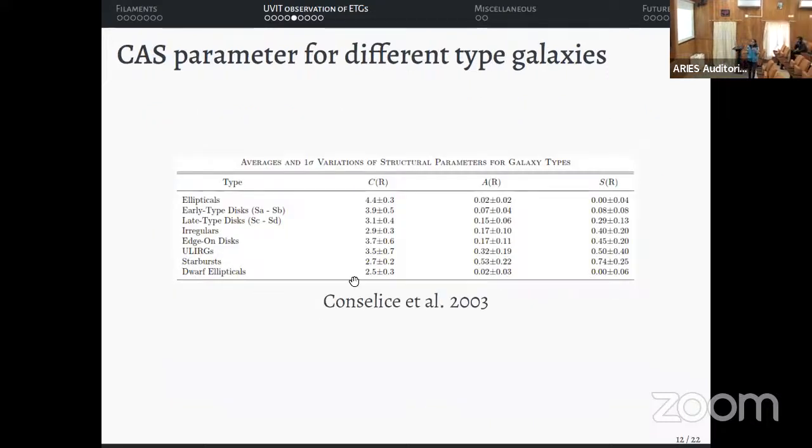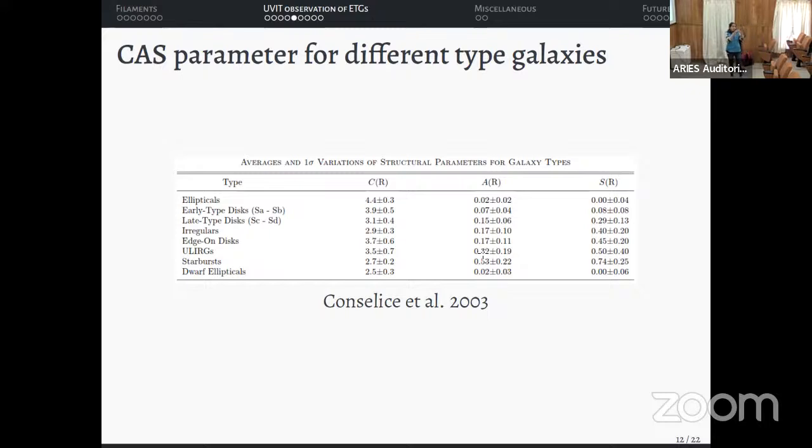I'll just highlight the typical values of CAS parameters for galaxies of different morphology. These are all parameters in the optical band. For elliptical galaxies, what we see is higher concentration, which is fine because most of the light is concentrated in the center. Asymmetry is quite low, which is expected because there are no star forming regions inside it, and there is zero clumpiness.